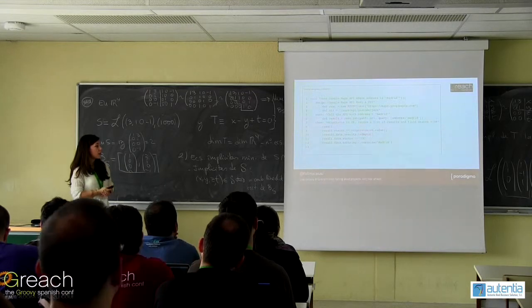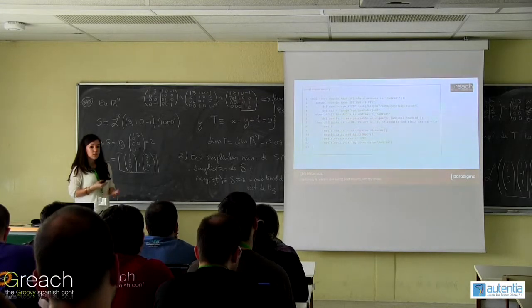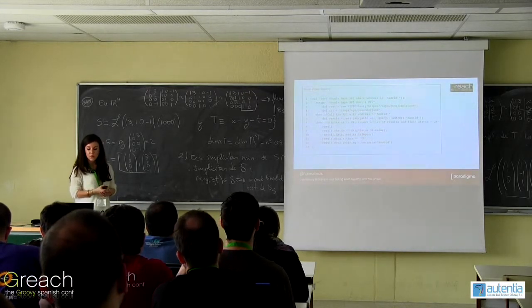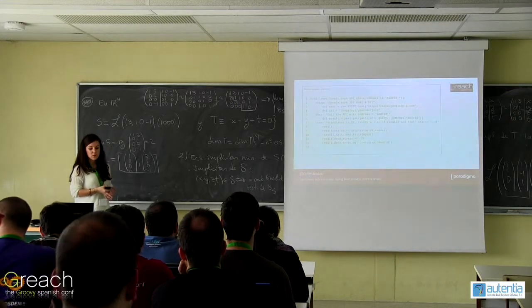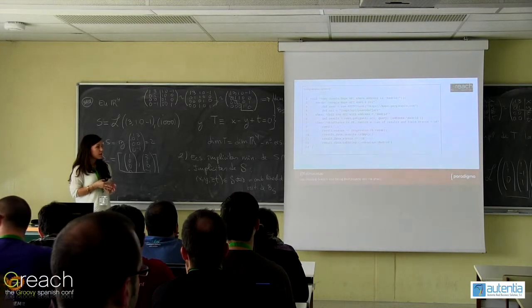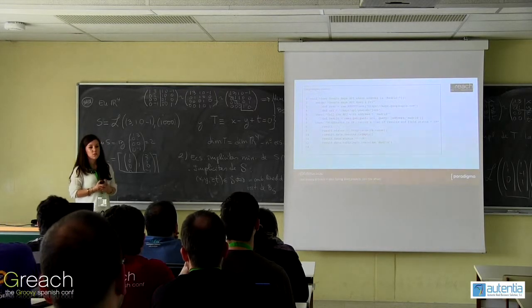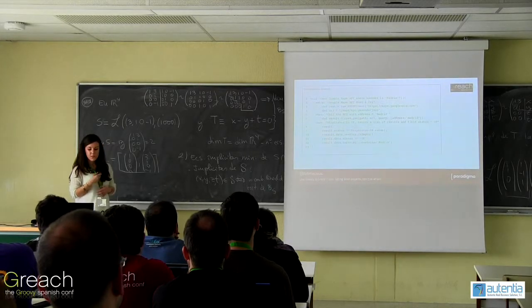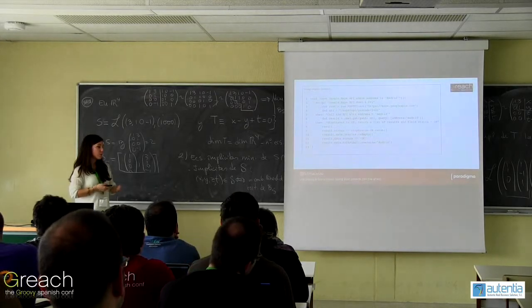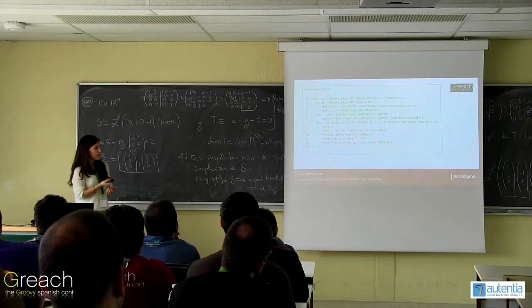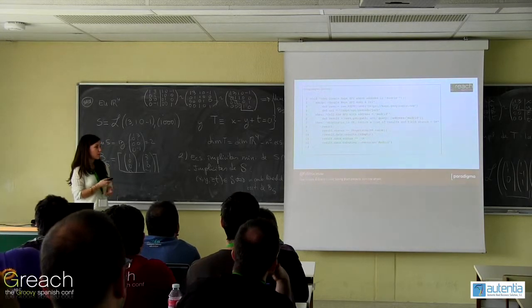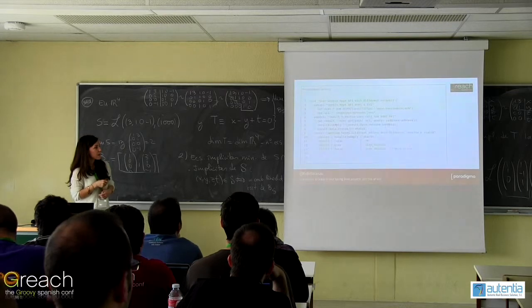In the block when, we can execute an action, and in the block then, we can test the result. In this block, we need an assert, only to test if a sentence is true or not, thanks to the use of Groovy truth. If you don't know the use of Groovy truth, read about this because it's very interesting.